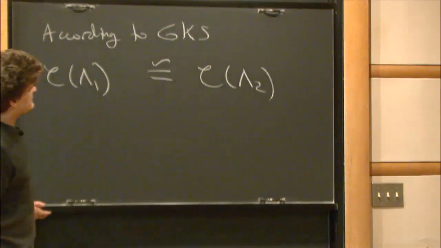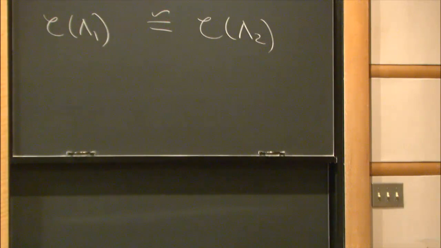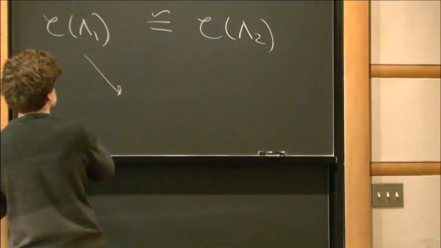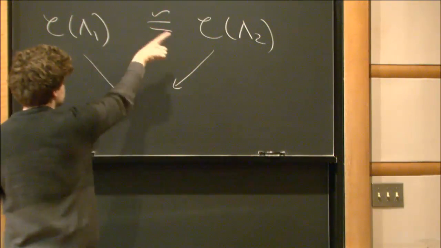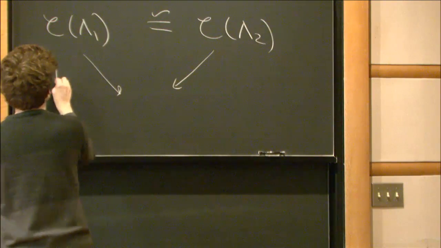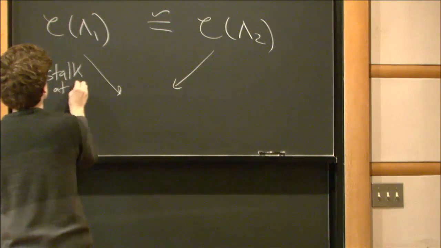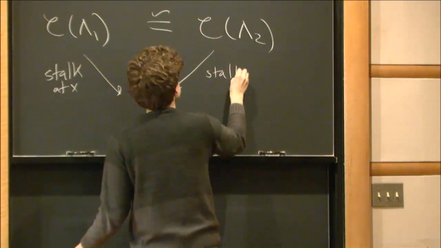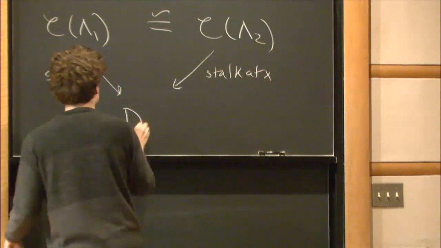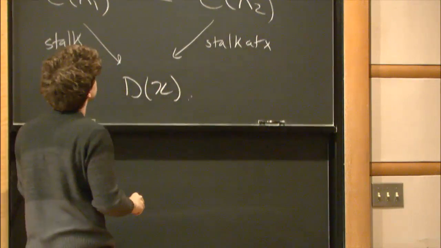And so long as this isotopy leaves some point alone, this equivalence will commute with these stalk functors to the derived category of abelian groups.